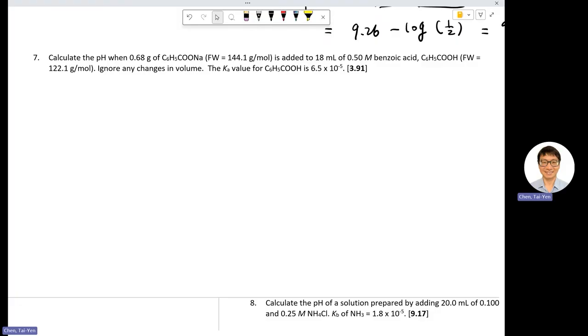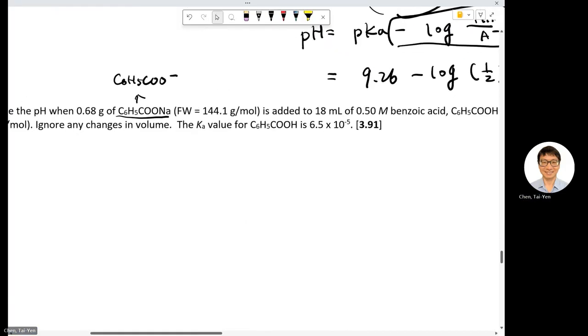How do you know it's a buffer? By now you should see that these species are C6H5COO minus. So this species and this species are a conjugate acid and base pair, right?